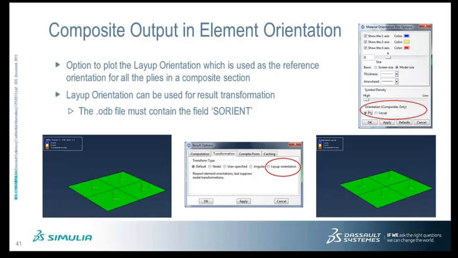Now, in 6.13, we've added an option to help you visualize the orientation used for the layup as well. So we've added similar options in the results option dialog as well, so you can now transform the results in the layup orientation that's available. Of course, this is only applicable for composites. For other models, if you select the layup orientation, the display will use the material orientation only.